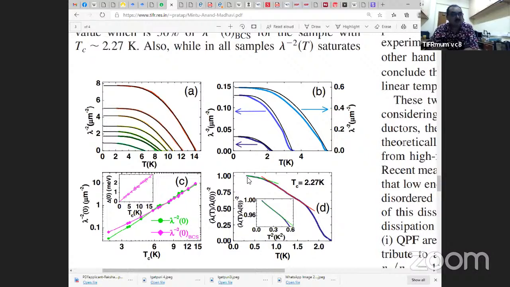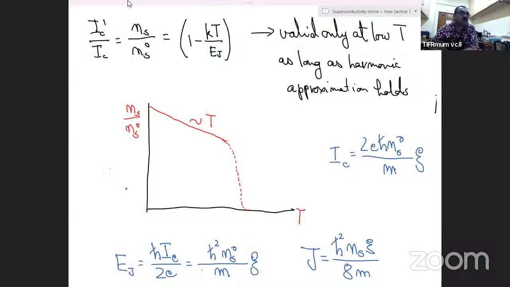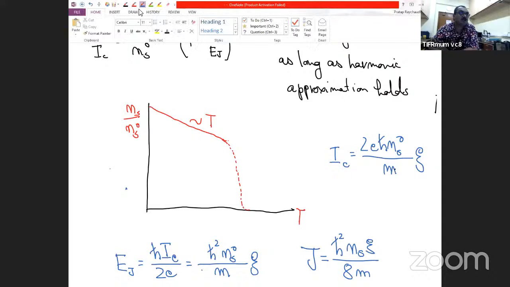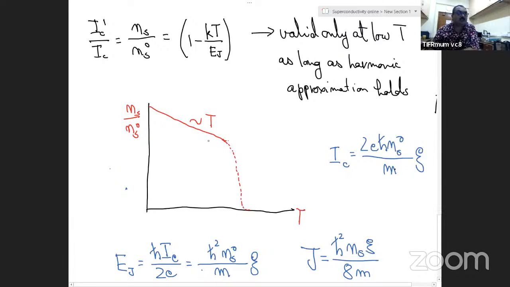But instead there seems to be something that is limiting the superfluid density at a much smaller value. So if I want to draw a cartoon of this, then what is happening is this. Instead of the superfluid density increasing linearly up to T equal to 0, it appears to be getting cut off at some value here.